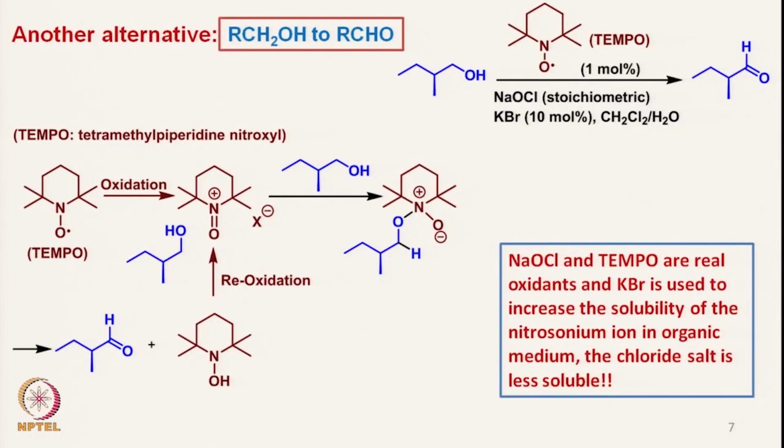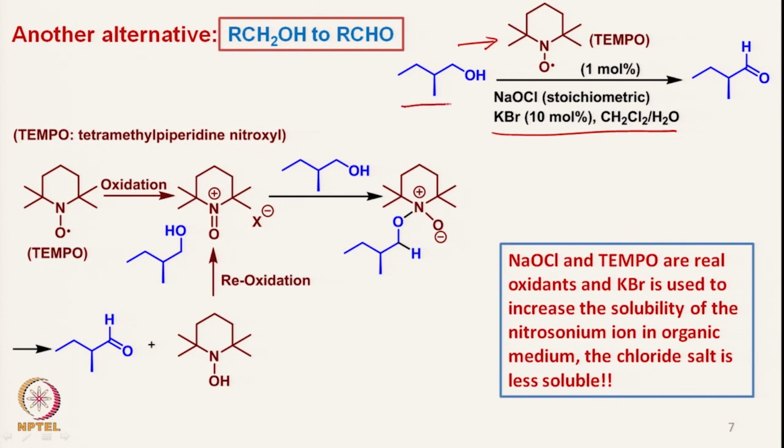Now, I would like to introduce another alternative, which is using TEMPO. This is TEMPO, which is basically tetramethyl piperidine nitroxyl, in the presence of sodium hypochlorite and potassium bromide. Now, the solvent that is used is dichloromethane and water.